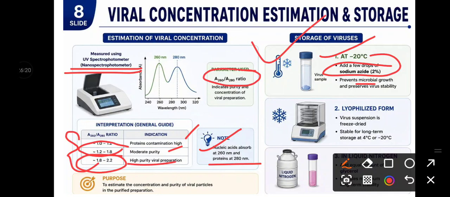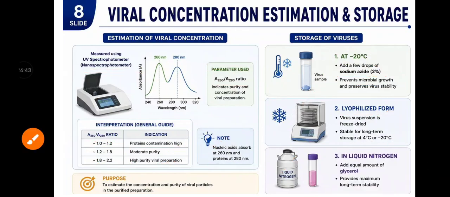Then we can store it in lyophilized form, means freeze dried. The virus suspension will be frozen, then vacuum drying will be done, and it can be stored at either 4 degrees or minus 20 degrees for long-term storage. Apart from this, you can store the virus in liquid nitrogen by adding equal amount of glycerol. So this is about the storage method.